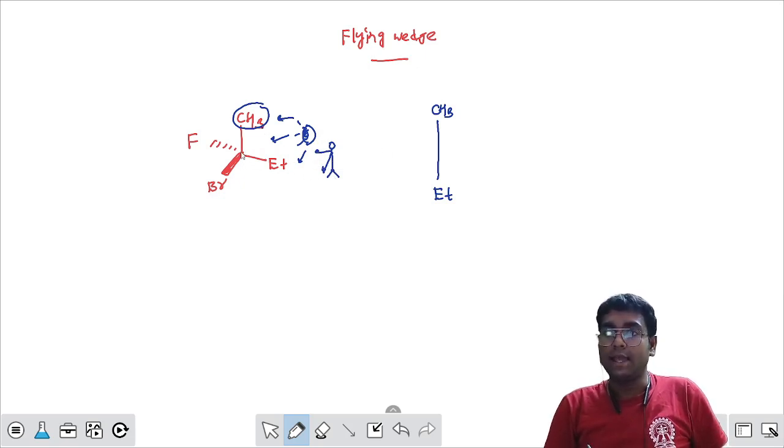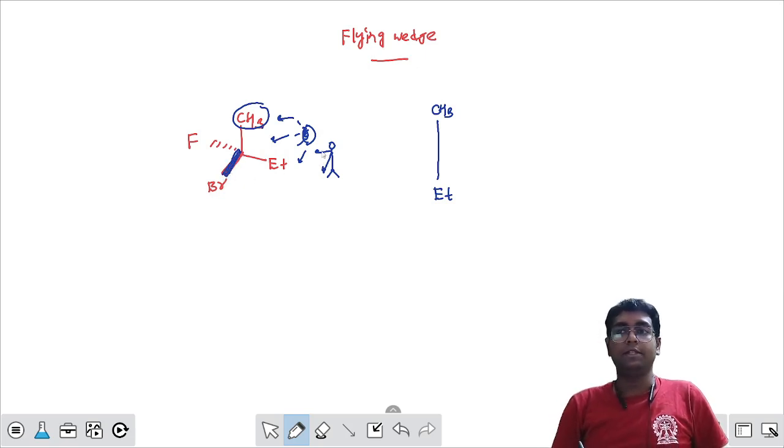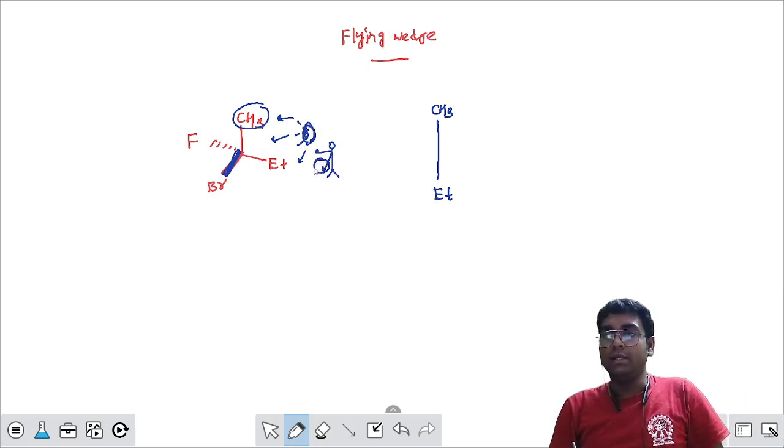Now this is above the plane, right? This is above the plane, C-Br. Now this above the plane is basically in front of your left hand side. Can you imagine it? That C-Br is coming out of the plane, and this guy who is looking at this molecule from this end has his left hand side towards the above the plane atom.